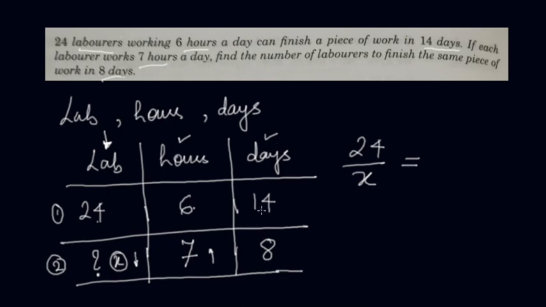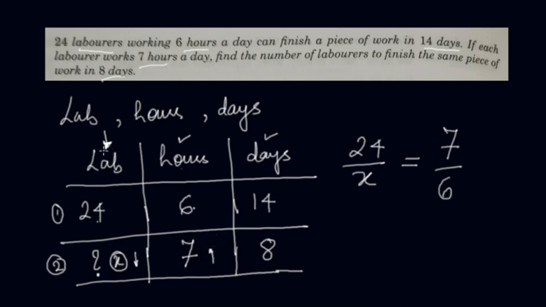I'm saying don't even look at days, forget days. What does that mean? This is an inverse proportion. Since laborers and hours are in inverse proportion, instead of writing this as 6 by 7, we write it as 7 by 6. Why? Because it is inverse proportion. Had that been direct proportion, we would have written it as 6 by 7.